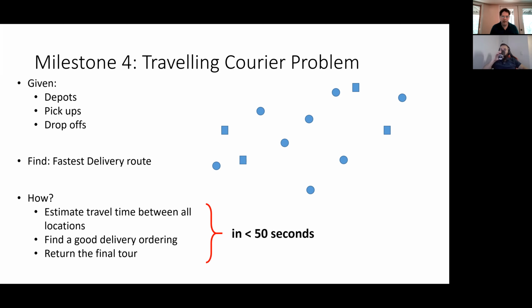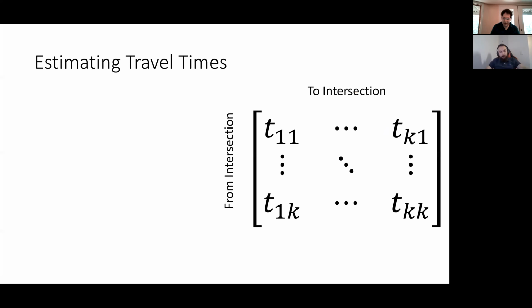Okay, so you got 50 seconds to do this whole thing. So you can get a much better answer if you pre-compute the travel time between all the interesting intersections, places where you have to do deliveries or drop-offs, or the depots where you pick up your truck and leave your truck. So what you're essentially creating is a matrix of delivery times.